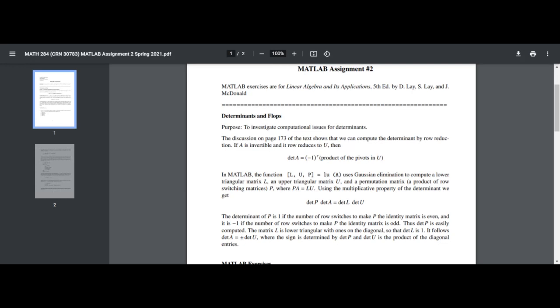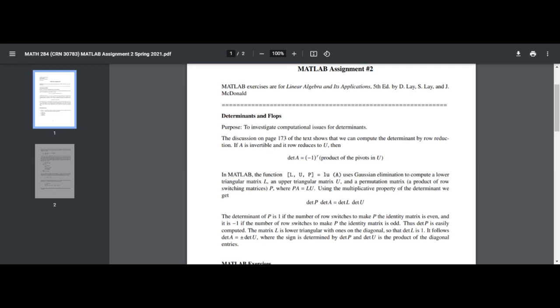So the question is, how does MATLAB compute a determinant? Well, it's going to use properties of determinants, but it does it in a little bit different way than you might think.